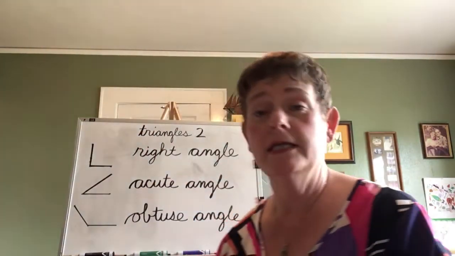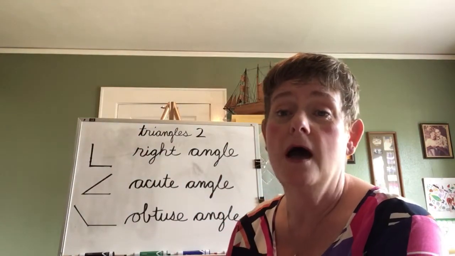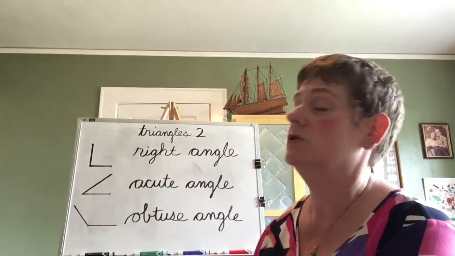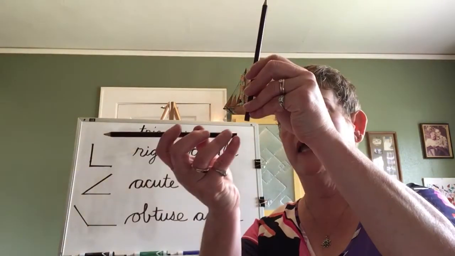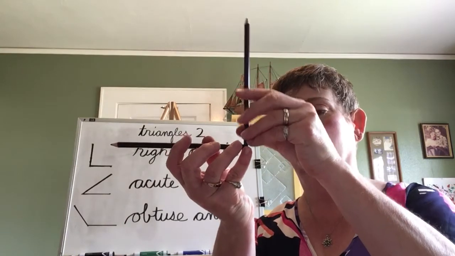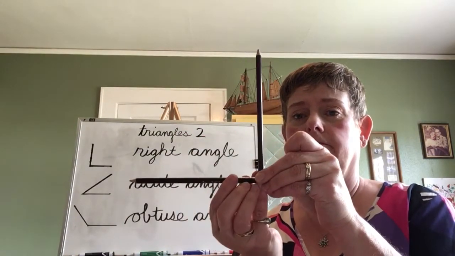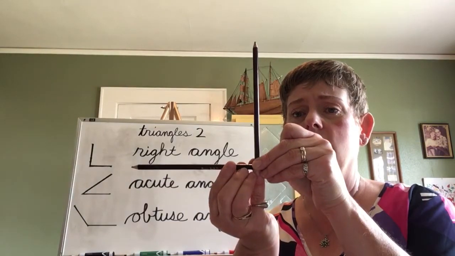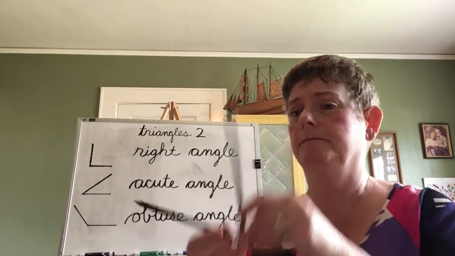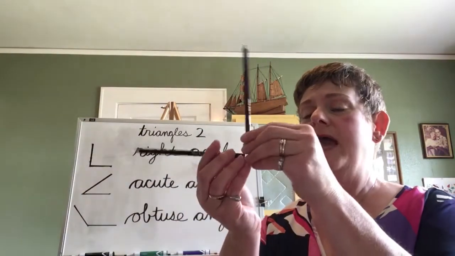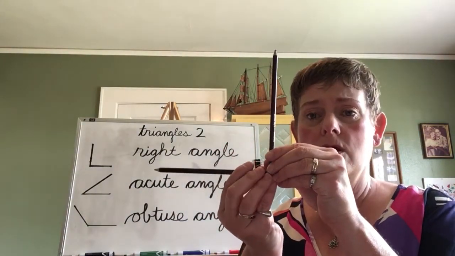All right, let's go back to learning about the angles that we might see in a triangle. The right angle is 2 perpendicular lines meeting. Can you make a right angle? An acute angle is where the angle is narrower than a right angle.